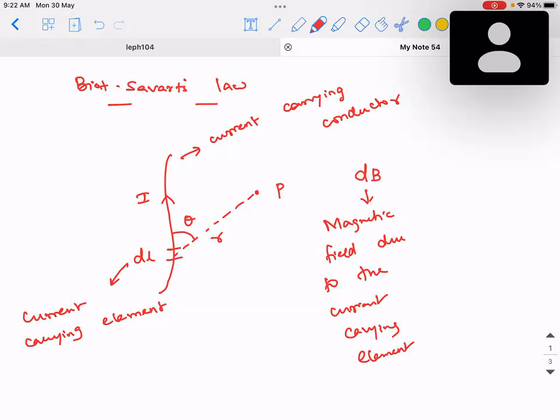This magnetic field is observed to be directly proportional to the value of current flowing through the conductor. Do you remember this by any chance? If you have a current carrying conductor and I give you a task to increase the strength of its magnetism, what is the first thing you will try to do? You will try to increase the value of current through it. Correct?